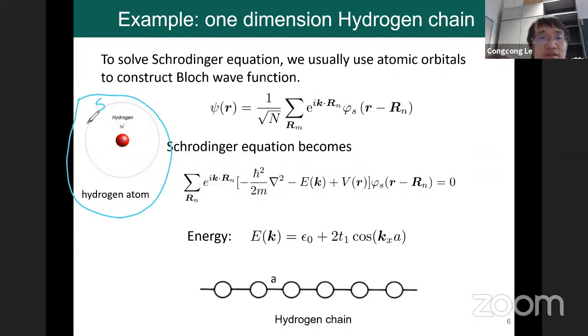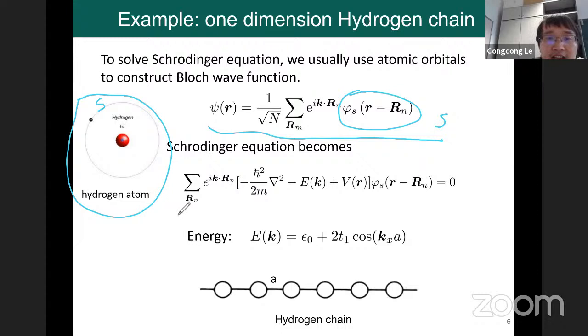In order to solve the Schrödinger equation, we use the atomic orbital to construct the Bloch wave function like this formula. Here is the atomic s orbital, and then we can put this wave function into the Schrödinger equation.